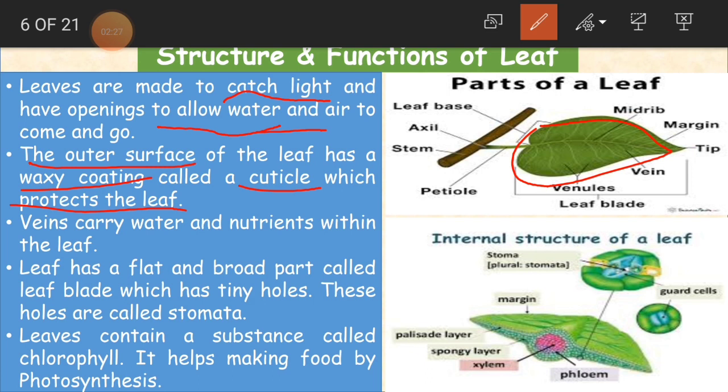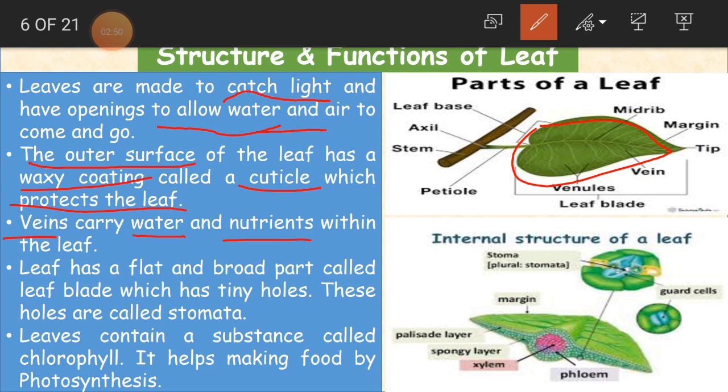We don't lose the water from the bottle. Same like that here, what does the cuticle do? It is going to protect the leaf from water loss. Okay children, clear?